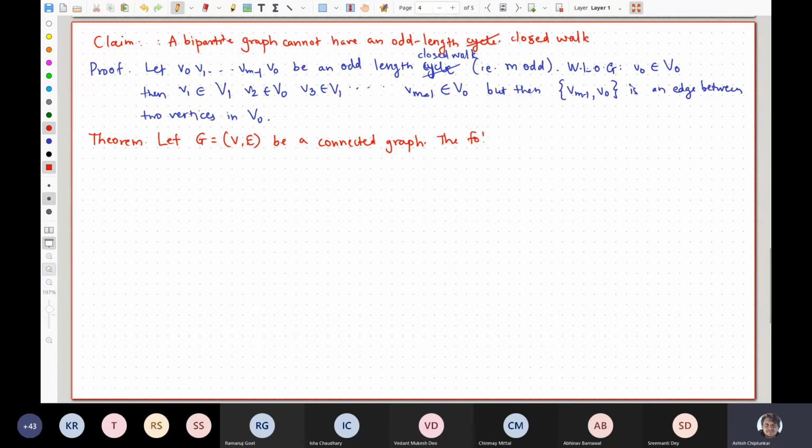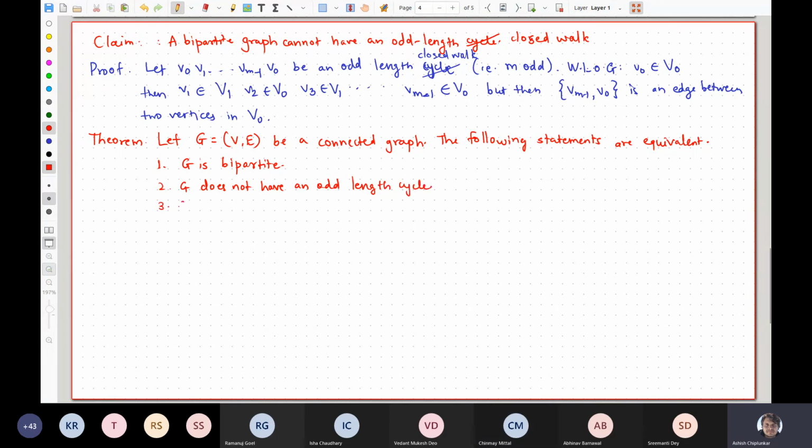The following statements are equivalent. 1, G is bipartite. 2, G does not have an odd length cycle.